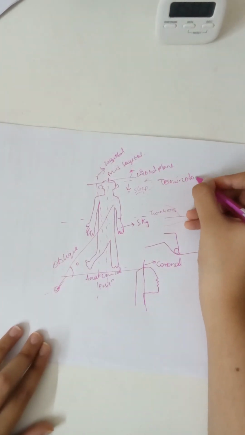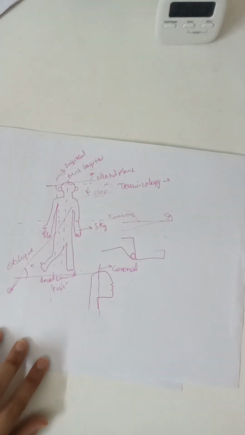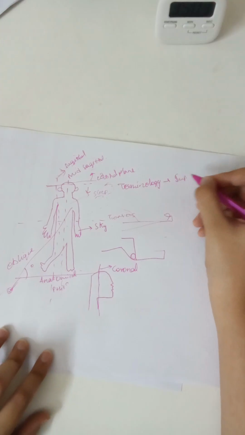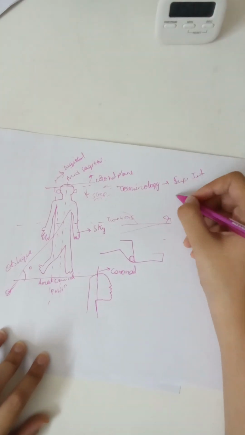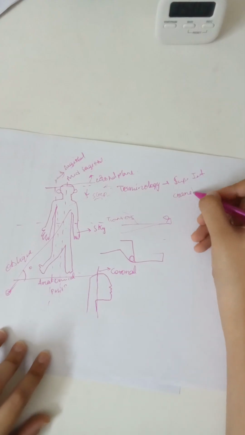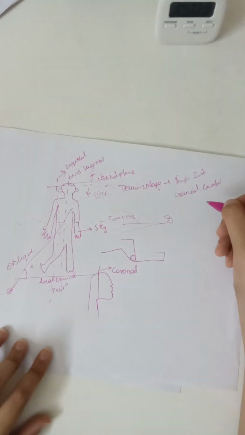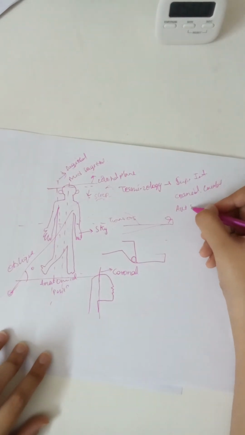Terminology. And what are the terms we need to learn to study anatomy? First one is superior inferior. Next one is cranial caudal. And next one is anterior or posterior, ventral and dorsal.